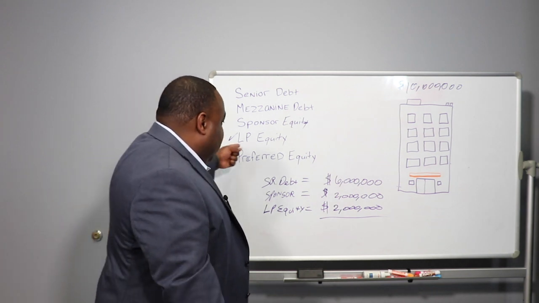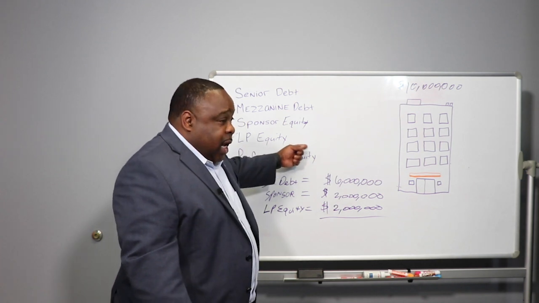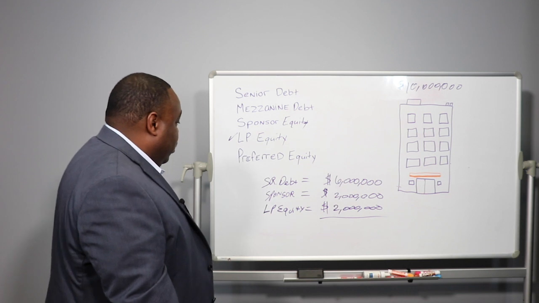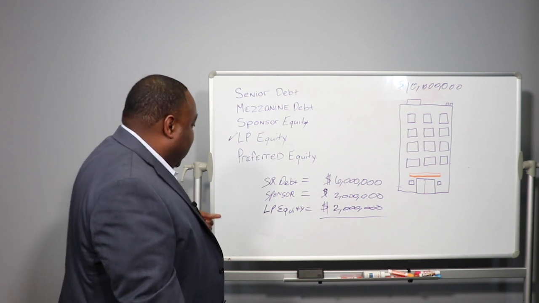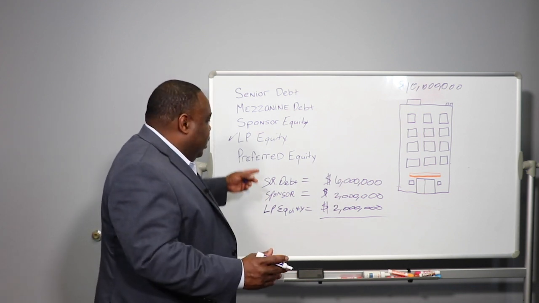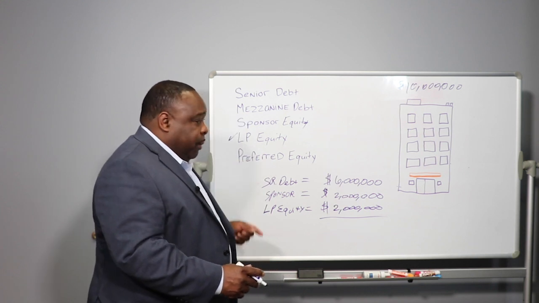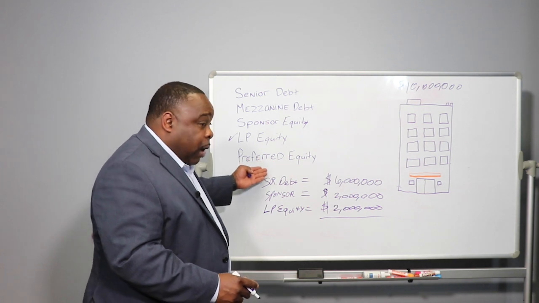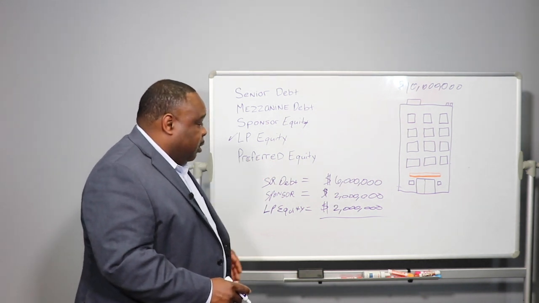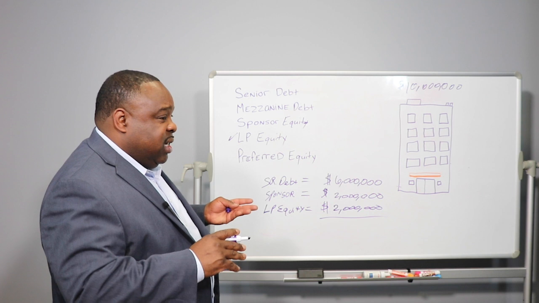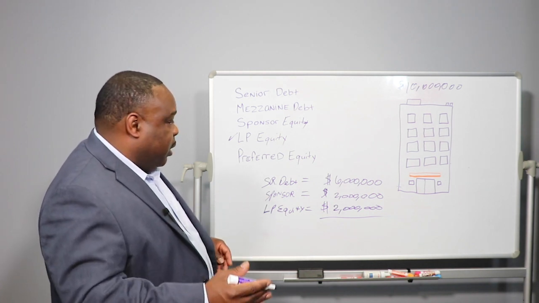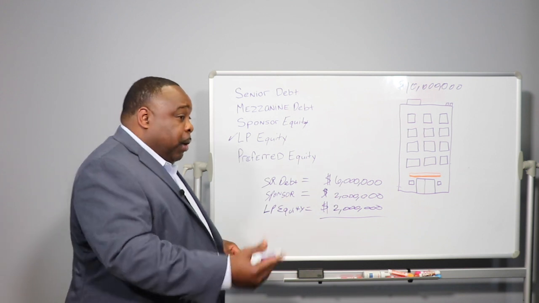Limited partner equity is the same thing. Again, we're going to measure that with opportunity cost. We're going to target a certain internal rate of return. Preferred equity is kind of a combination of the debt and equity pricing, because the project's going to pay a preferred rate of return, maybe between 6 and 8%, in some cases 6 and 10%, but there's a promote that's paid.